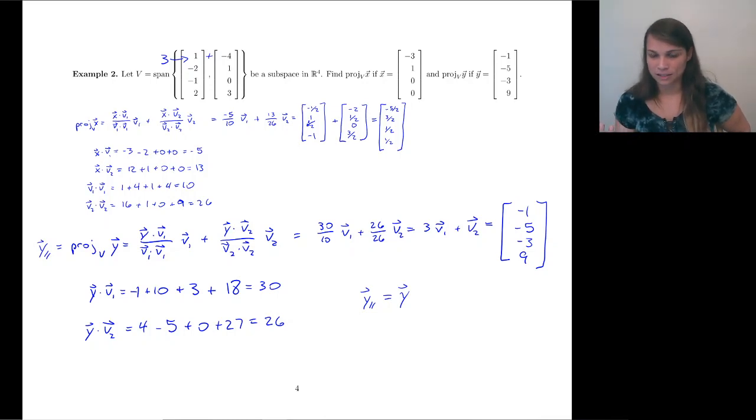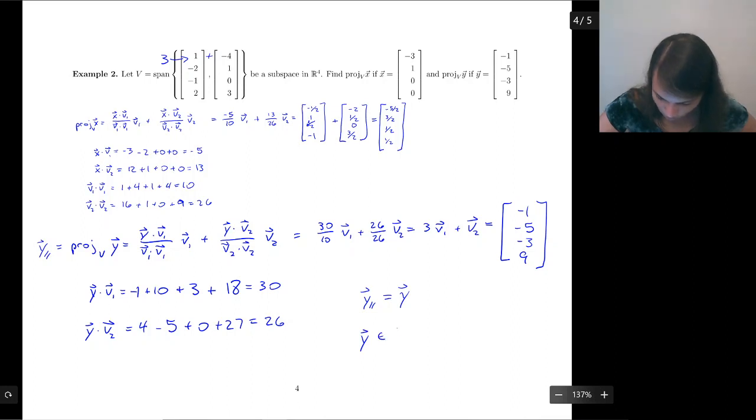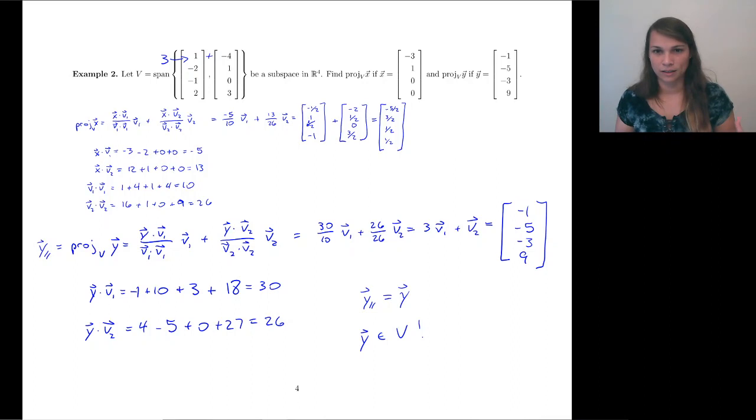What explanation is there for this? Y was already in V. Y was in the subspace. So when you project something in the subspace to the subspace, it's just itself because it's already there. Okay, so that was kind of a cool example.